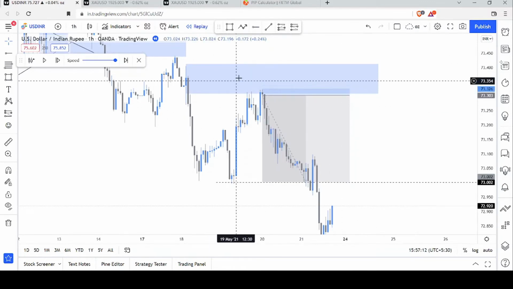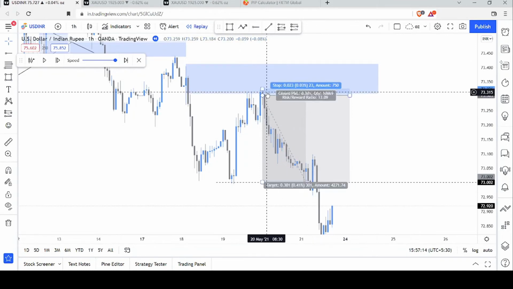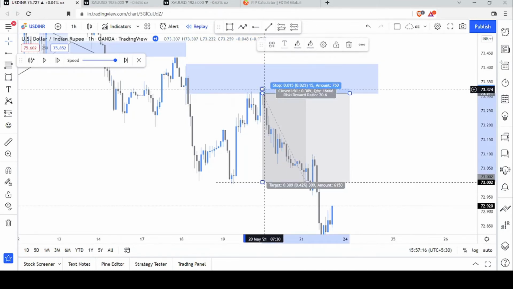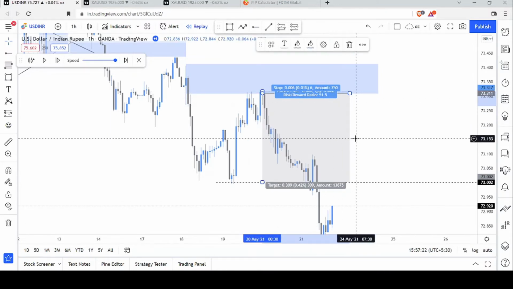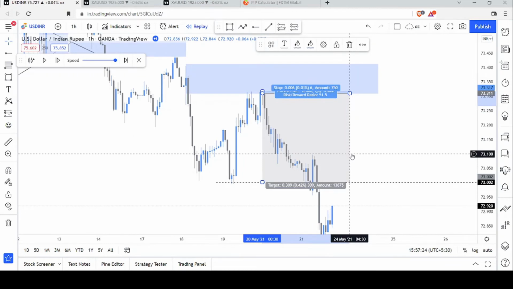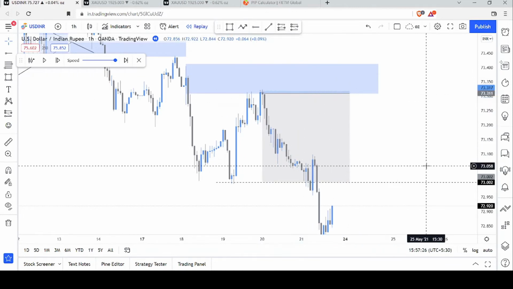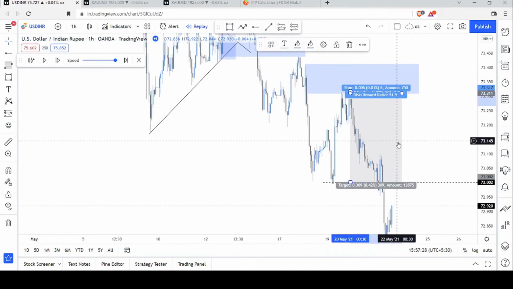That 3 RR trade became 13 RR. And if you could involve this with even a 6 pip stop, then this already became a 50 RR trade. So this is how we can involve ourselves.